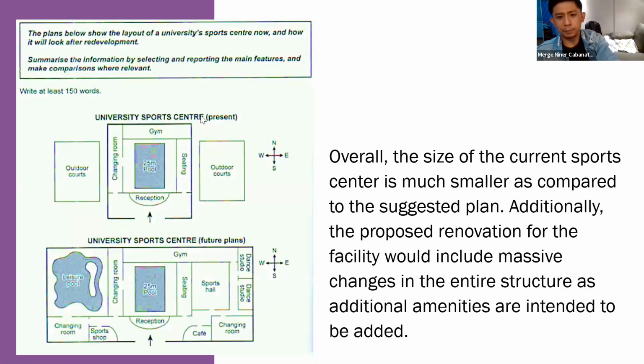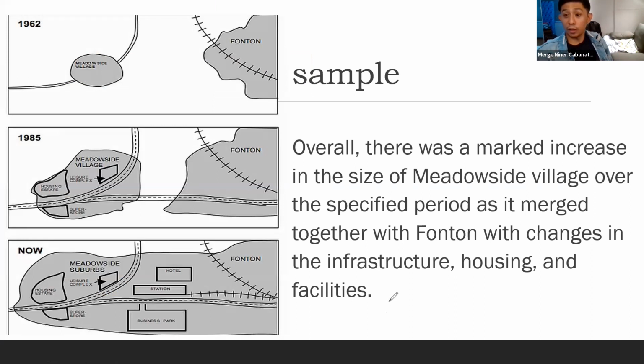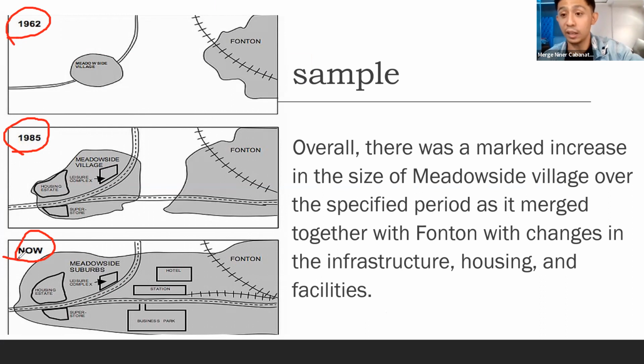Okay, example. Now, what I see with the map of Meadowside Village and Ponton, you have 1962, you have 1985, and you have now. So first, I need to look at this task from a far away perspective. Literally what I just did.